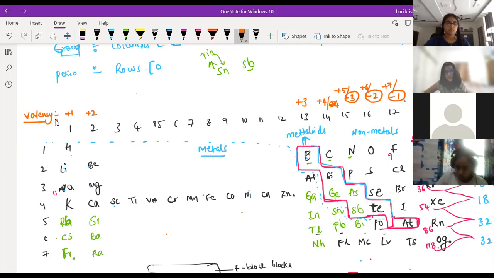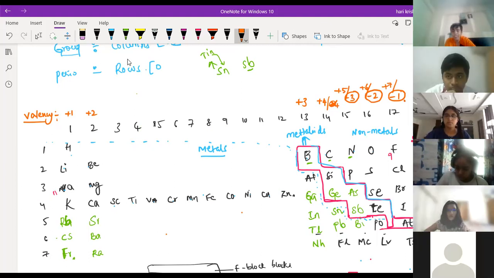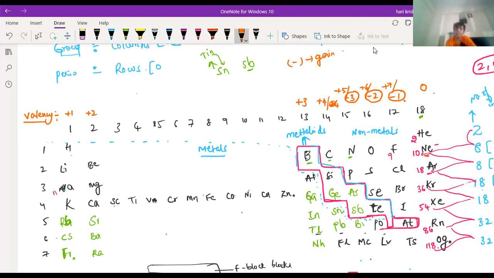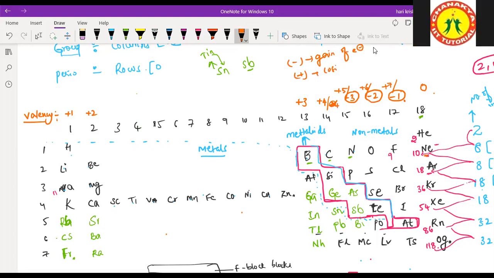Why have these -1, -2, -3 been written here? They are the valency. Minus means gaining of electrons, and plus means losing of electrons.